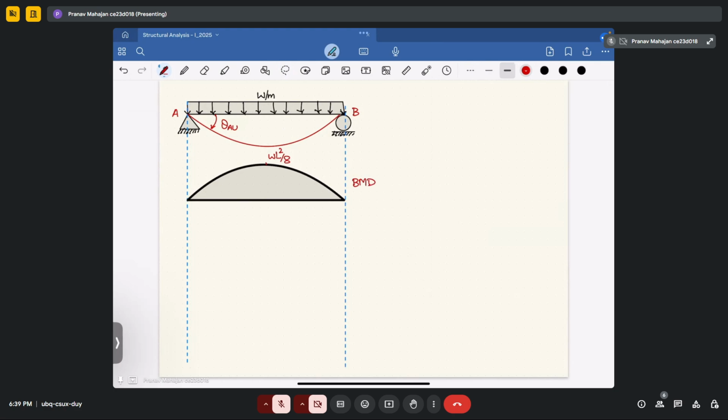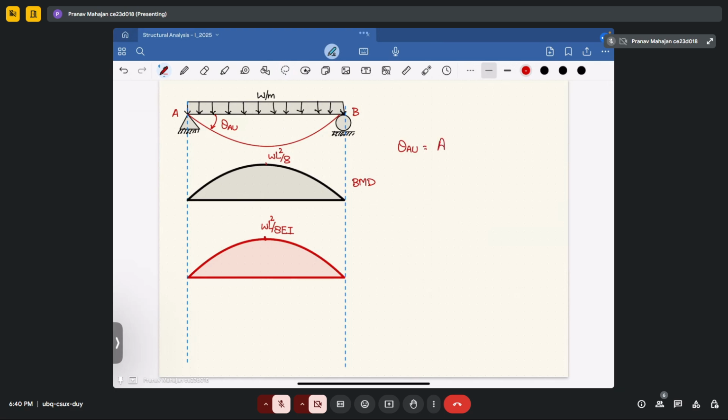Now if I convert it into M upon EI diagram, then how will it look like? Again, it will be a parabola. Now the maximum value will be WL square upon 8 EI. Now if we want to calculate theta AU, then what will you do?